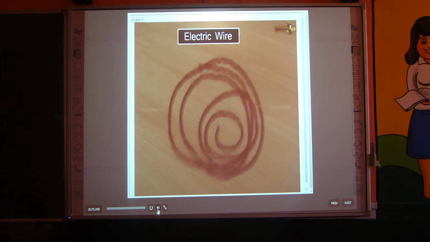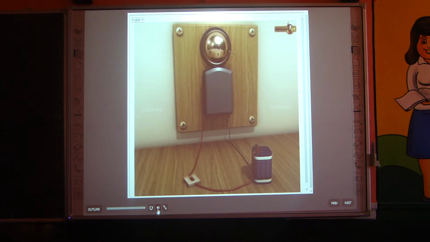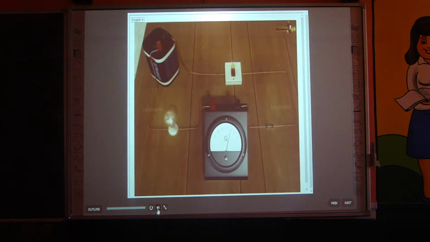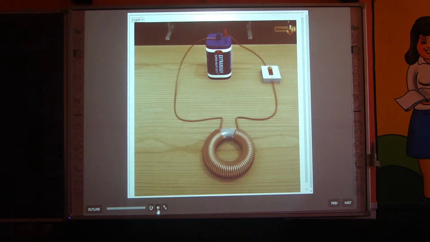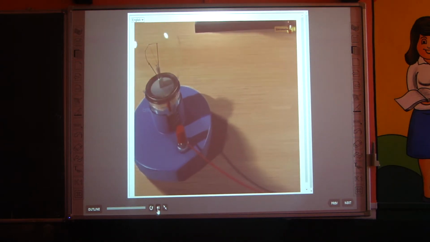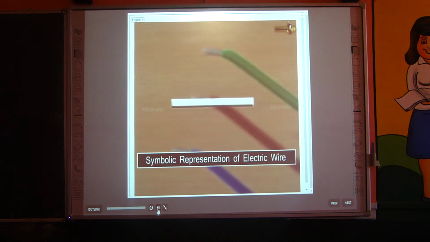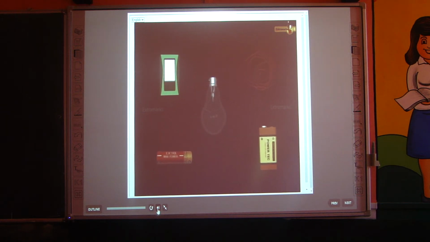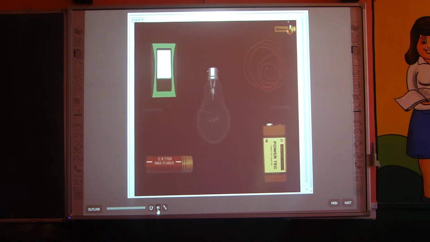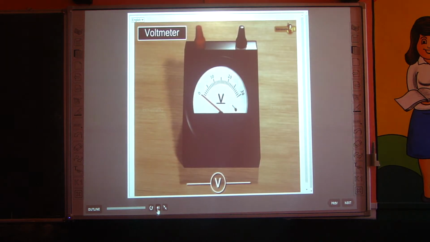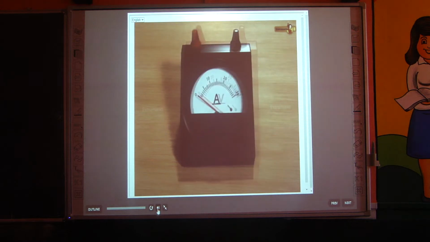Electric wire: it connects different electric components in an electric circuit and allows electric current to pass through them. The symbolic representation of an electric wire is a single line. Besides these components, there are many other electrical components which we will study in higher classes.